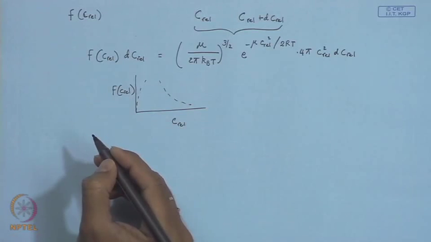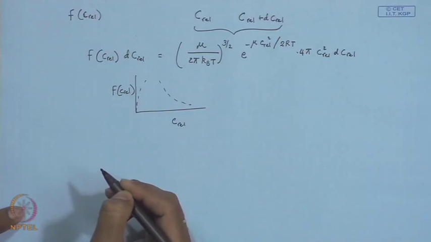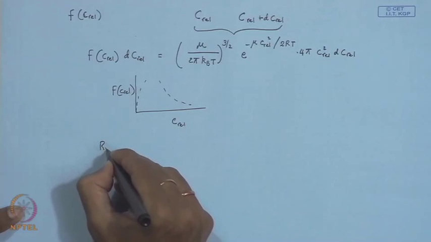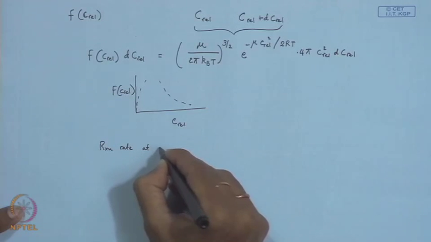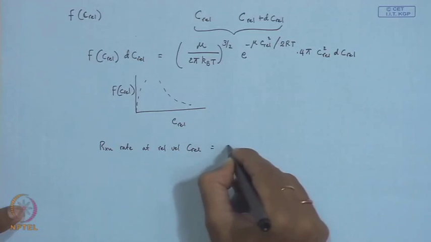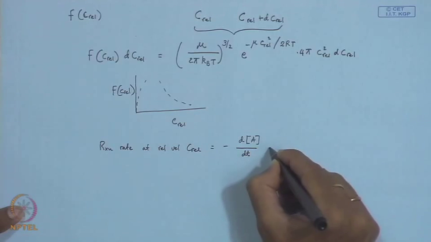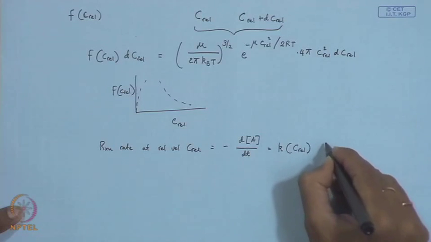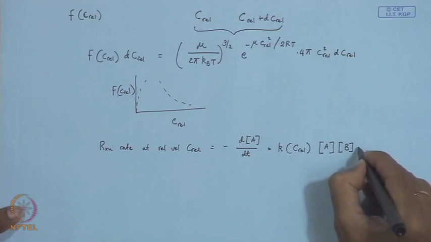Therefore, the actual reaction rate when the relative velocity is c relative is given by minus dA dt equal to k c relative into A into B into f c relative.